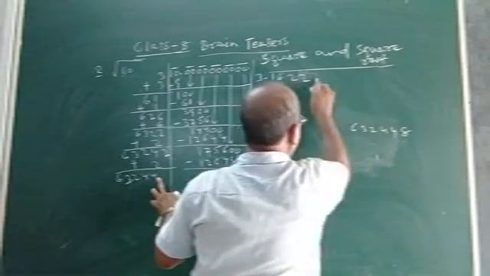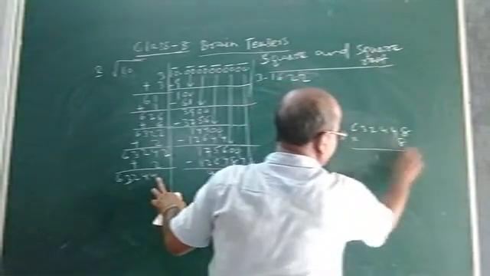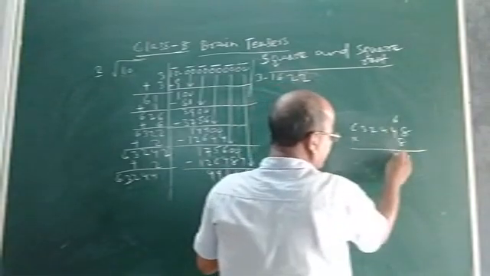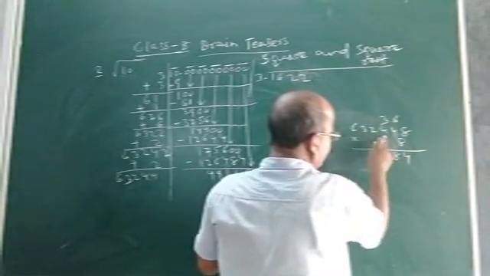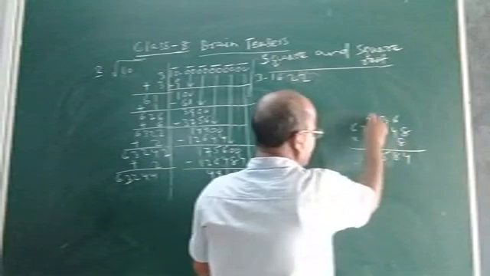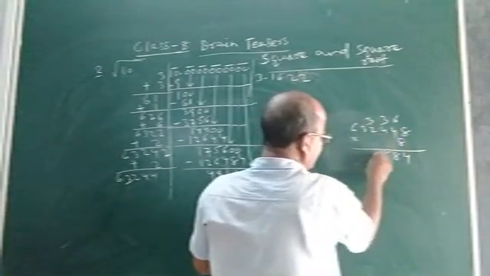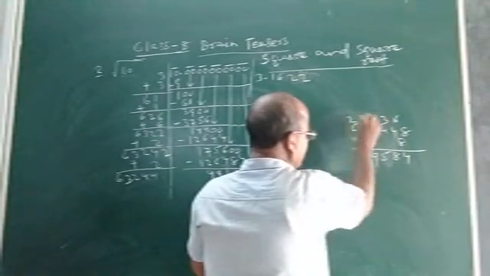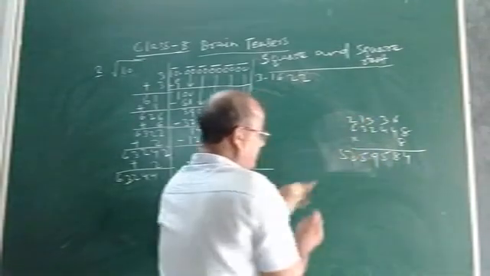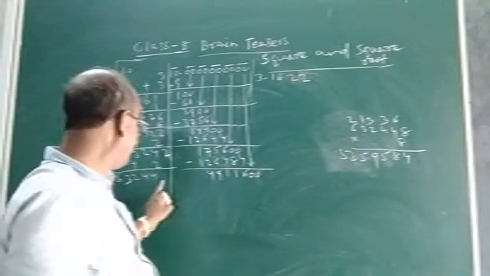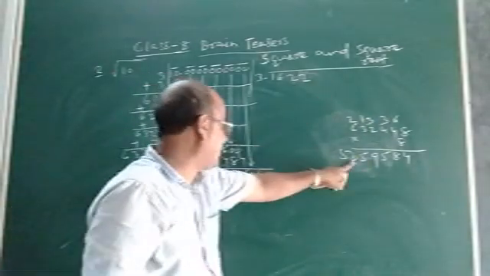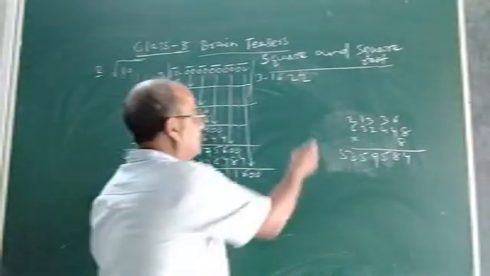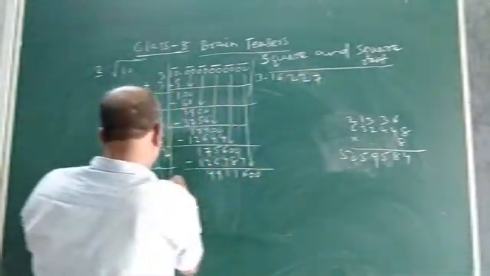Now you put 8 here and 8 here and multiply. 8 4s are 32, carry. You see, now this became more. By putting 8 here and here, the product is becoming greater than this number. So we cannot put 8. So definitely we have to put 7.